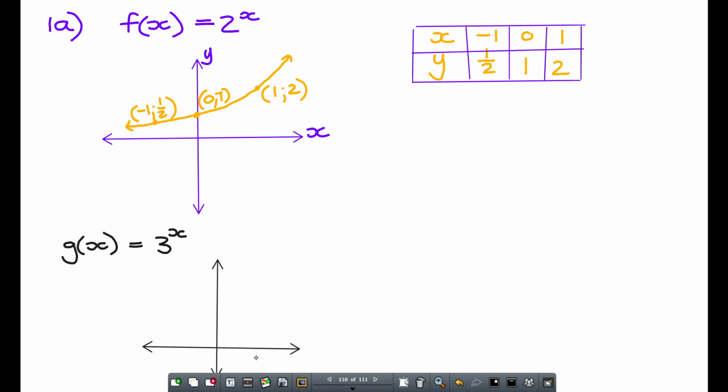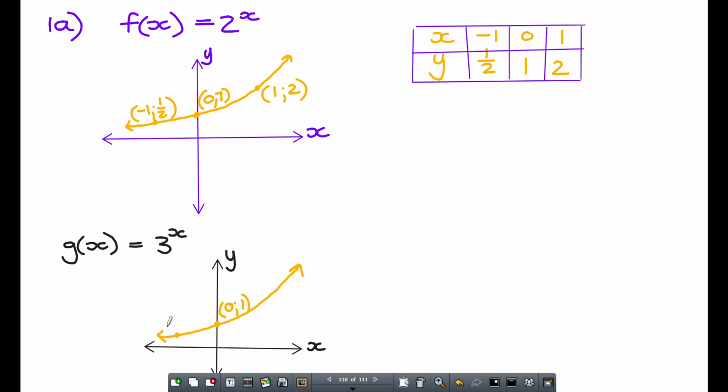Dis my x-as en my y-as. Because that value of 3 is bigger than 1, I know my graph is going to look like that. Okay, nou soek ons net gou punte. If x is 0, then it would have been 3 to the power of 0, so y is 1.